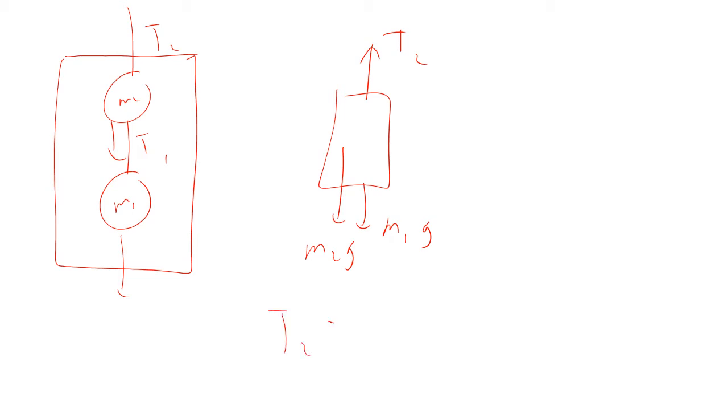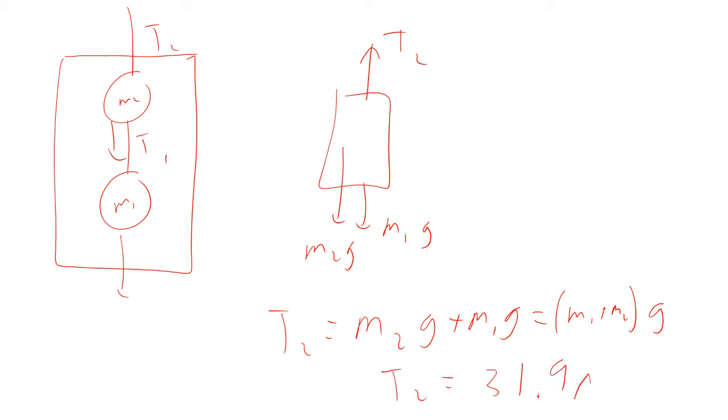So T2 has to be equal to M2G plus M1G, so M1 plus M2 times G, and if I plug in the numbers, I get the same answer, 31.9 newtons. So it doesn't change.